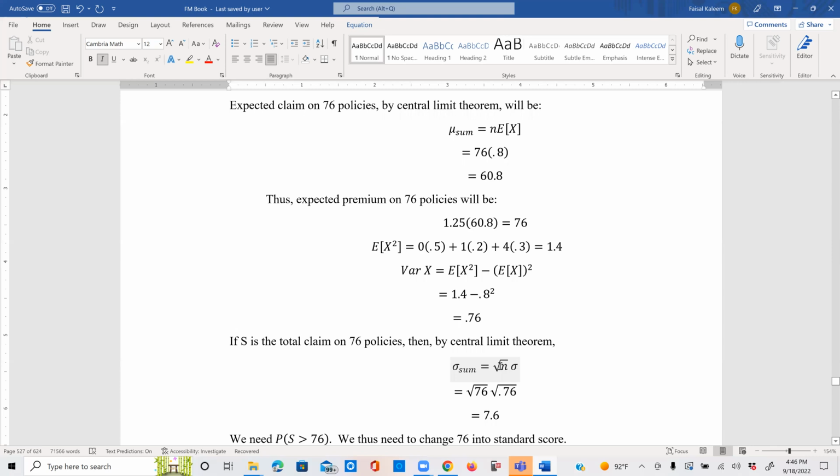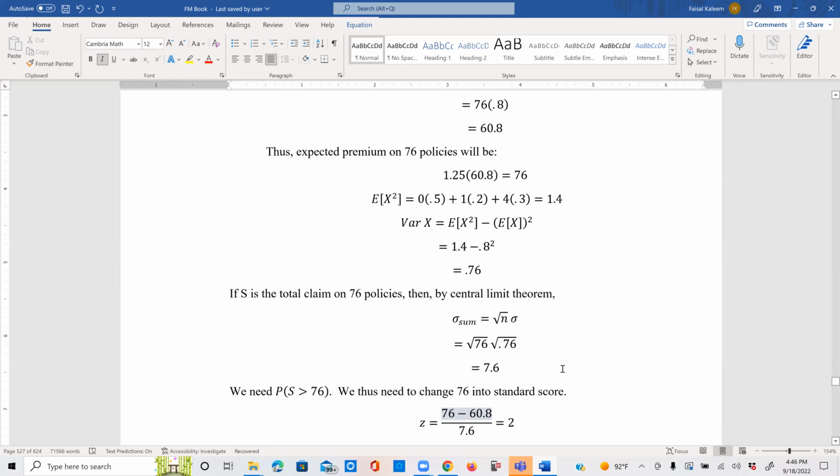So square root of n here means square root of 76 because there are 76 policies, and the standard deviation of a single policy will be the square root of the variance, so square root of 0.76. So we get the standard deviation of the sum to be 7.6.